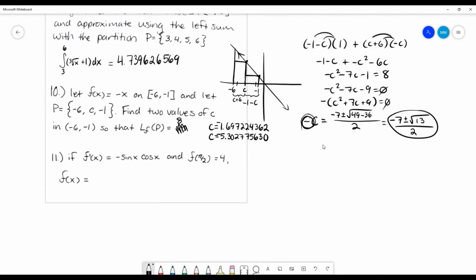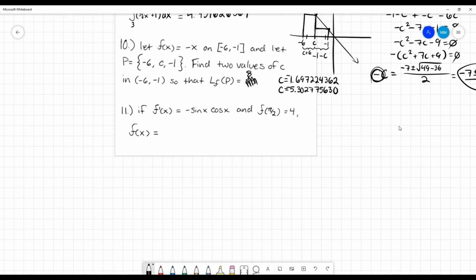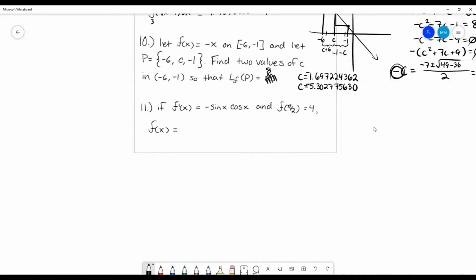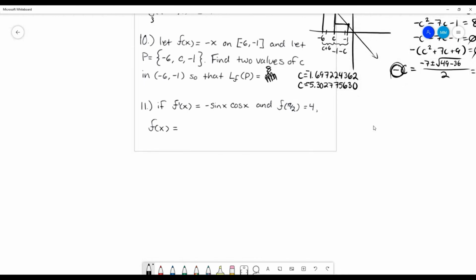about here somewhere. Okay. And then for our final question, it's just finding our original function given the derivative and another detail. So we want to take the antiderivative or the integral of this. And that's only tricky because we have to use some u substitution here.